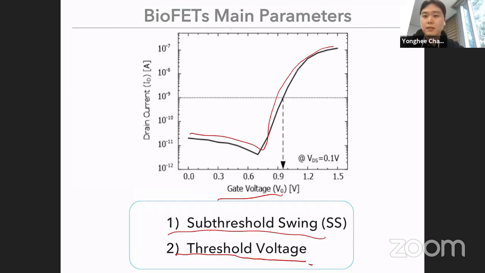Subthreshold swing is the slope in this graph, and a high subthreshold swing guarantees high sensitivity. The threshold voltage is the level at which the BioFET is turned on. And these two parameters are closely related to each other.